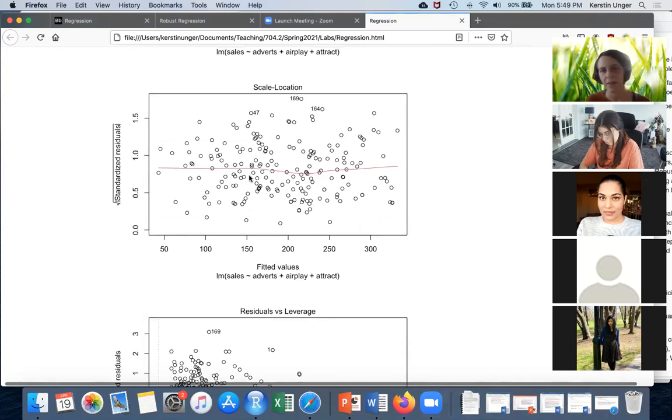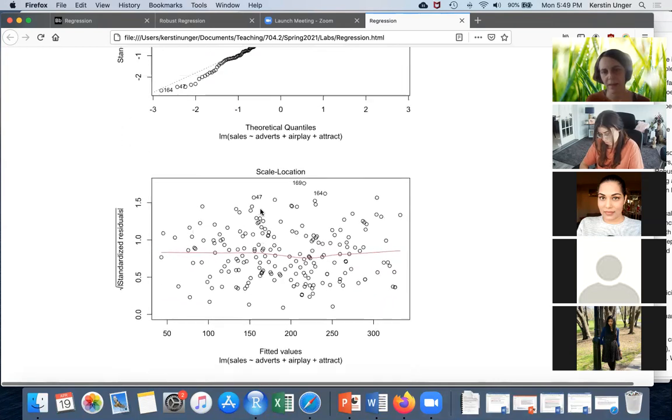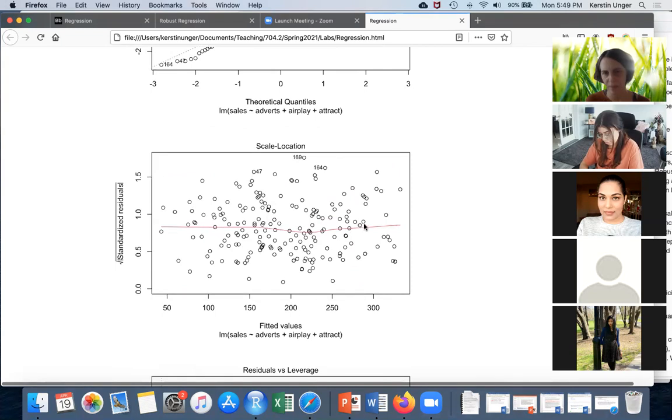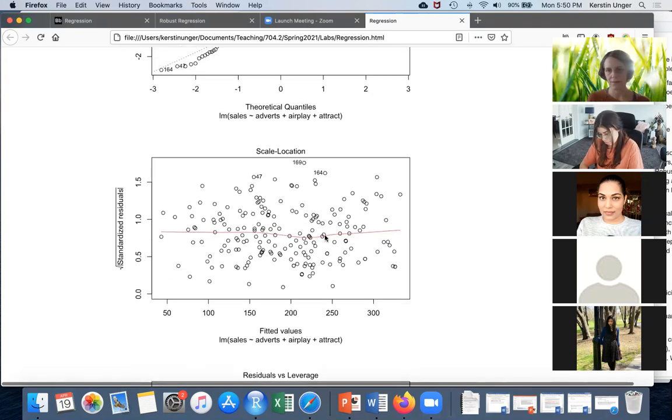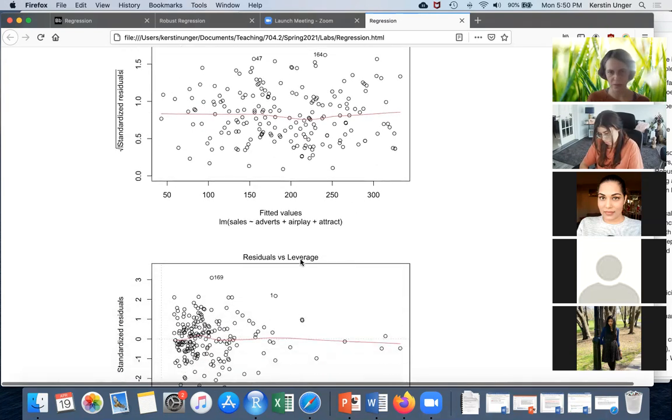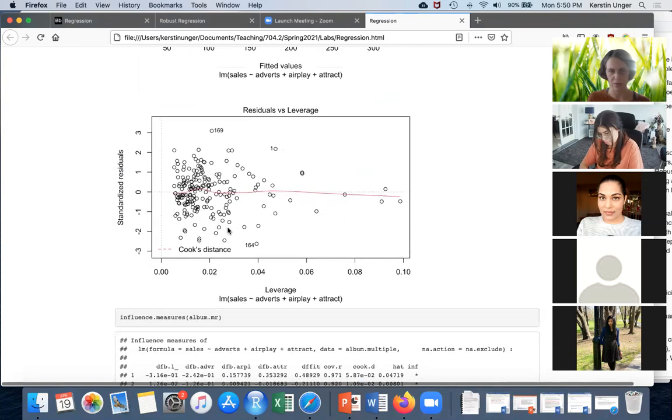The only thing that makes it a bit easier to detect heteroscedasticity is that if there's heteroscedasticity, we would see a non-horizontal red line here. That would be a trend, just easier to identify. We can see that those are pretty good, so there's no reason for concern.